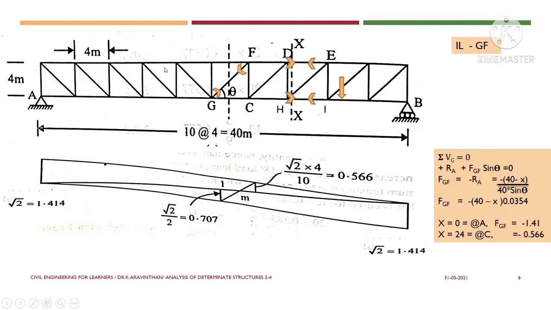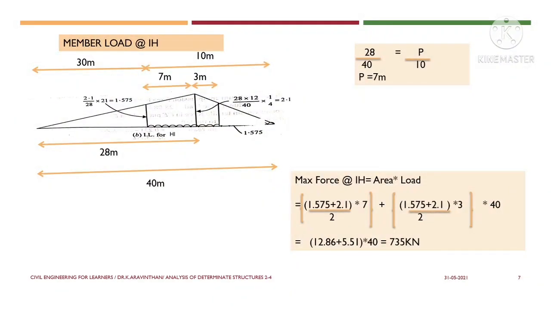So we can understand that if the load crosses to the right hand side region, you will have a compressive force, and when the load is at region A to G, you will have a tensile force here. Okay, now we got all the influence line diagram.